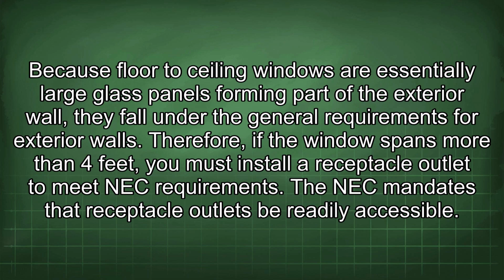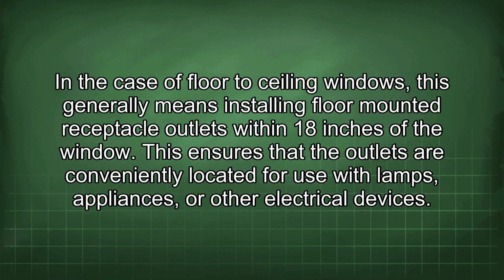Therefore, if the window spans more than 4 feet, you must install a receptacle outlet to meet NEC requirements. The NEC mandates that receptacle outlets be readily accessible. In the case of floor-to-ceiling windows, this generally means installing floor-mounted receptacle outlets within 18 inches of the window. This ensures that the outlets are conveniently located for use with lamps, appliances, or other electrical devices.